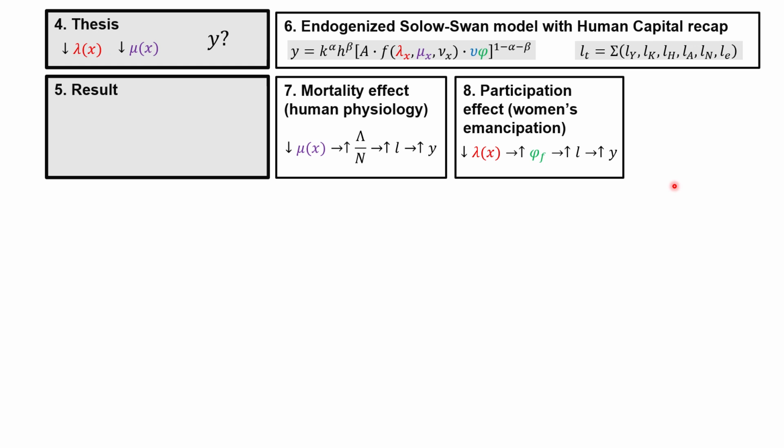Again, it goes back to the numbers. Before the demographic transition, over 50% of all children never made it past their 5th birthday, and women, representing 50% of the human population, were typically excluded from the formal economy.